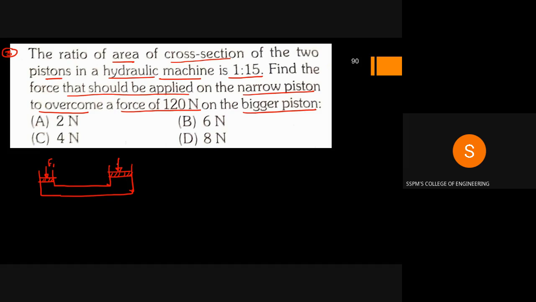On the bigger piston, the force is given, which is 120 Newton. Okay. So we have to find out the value of F1. This cross section area is A1. For the bigger piston, it is A2. So we have the equation, pressure is same. So F1 divided by A1 is equal to F2 divided by A2.